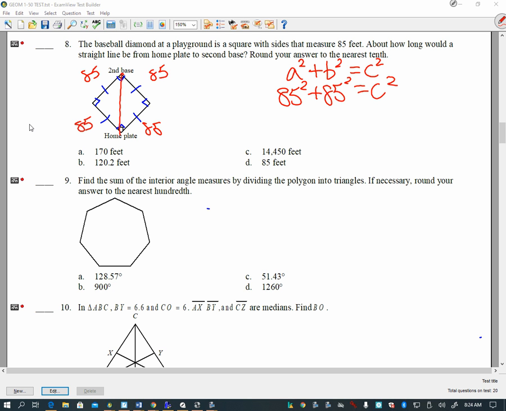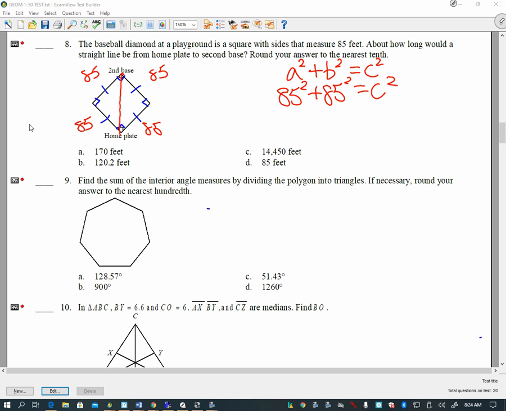Do not forget to square root. I'm guessing that 85 squared plus 85 squared is 14,450. I don't know, I'm guessing. What does the answer come out to? I think is it B, 100? It's B, 120.2 feet.